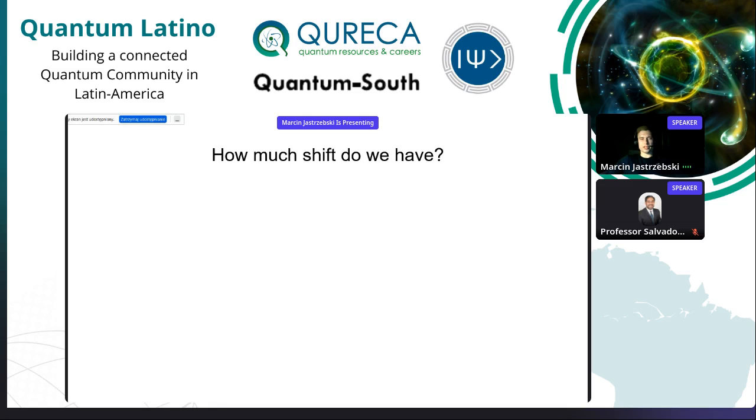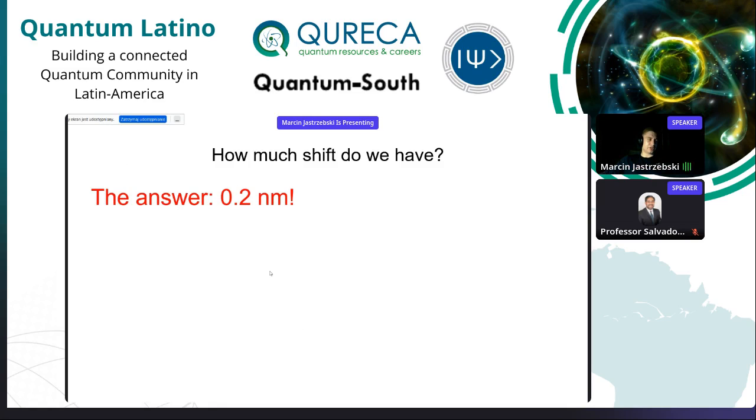It's 12 nanometers. And if you want to measure the interference while shifting in frequency, we would like to have at least as much shift as the spectral width of the impulse. So the question is, can we shift by 12 nanometers? And the answer is no. We can shift only by 0.2 nanometers.